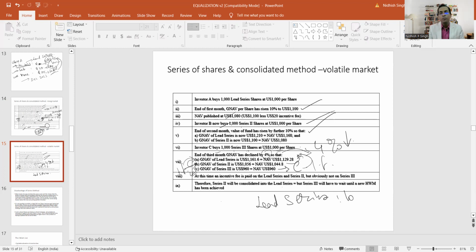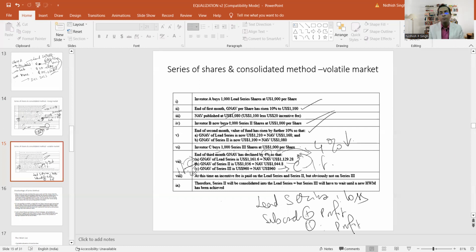In case, imagine that lead series is making loss and subordinate series are making profit. Suppose that subordinate series 1 and subordinate series 2 are both making profit. Will they be merging into the lead series?